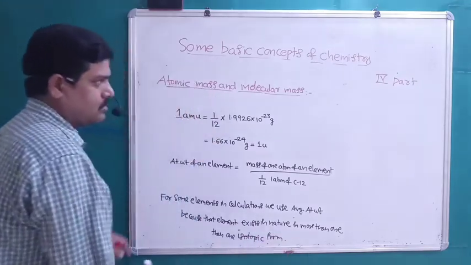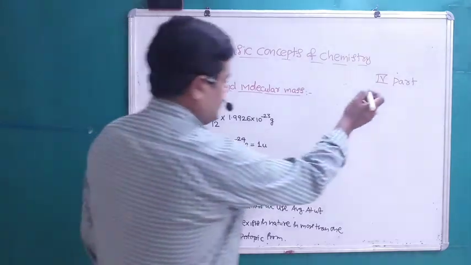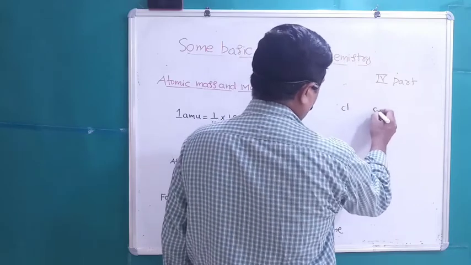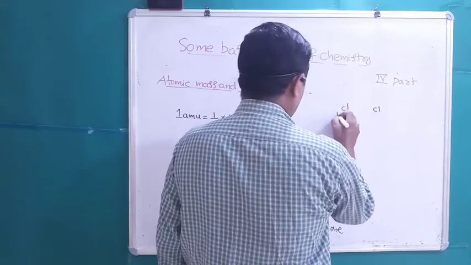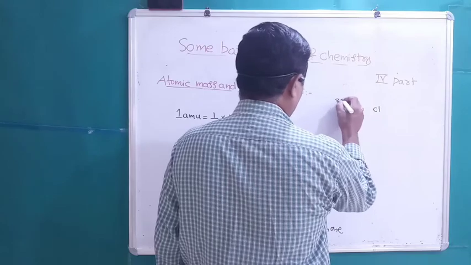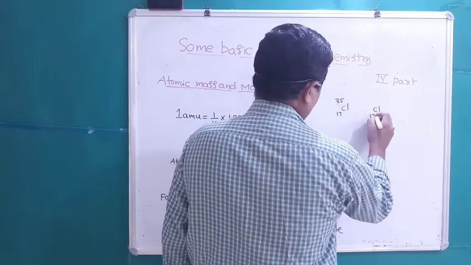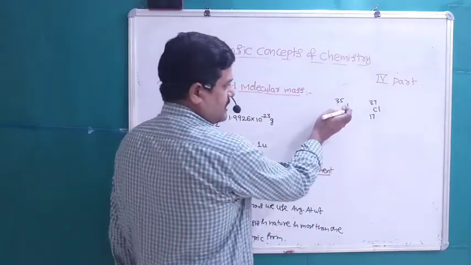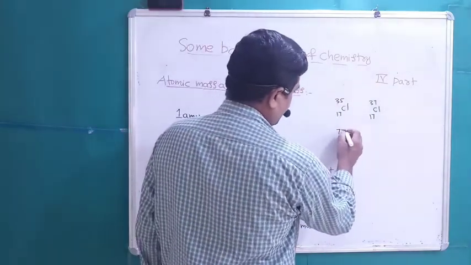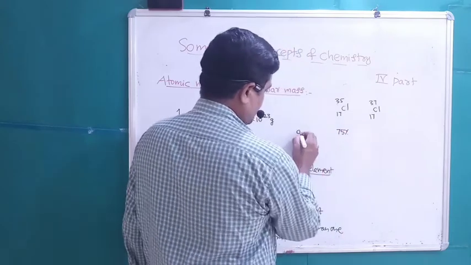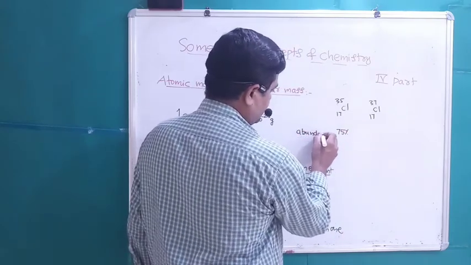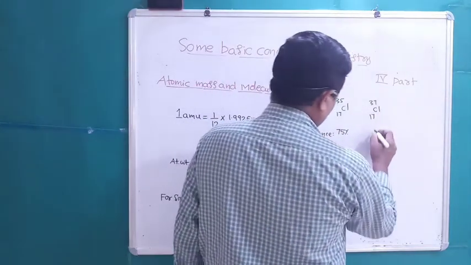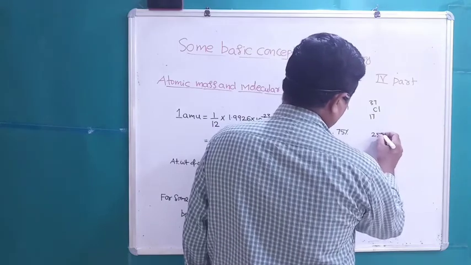For example, if you take chlorine, in nature it exists in two isotopic forms, Cl-35 and Cl-37. The percentage abundance of Cl-35 is 75% in nature, and Cl-37 is 25%.